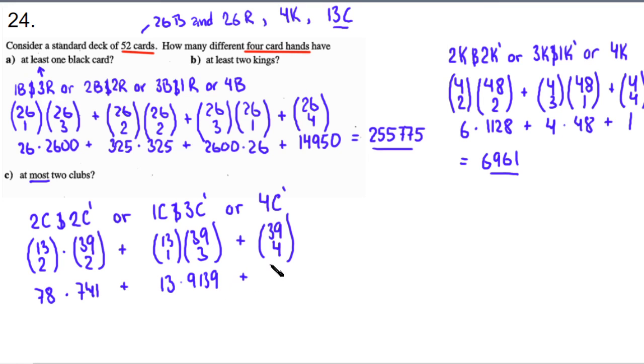And 39 choose 4 is 82,251. If we evaluate this, we are going to get 258,850 different 4-card hands that have at most 2 clubs.